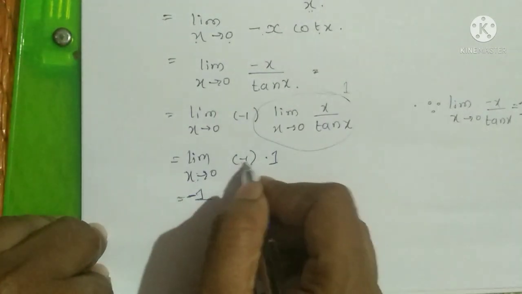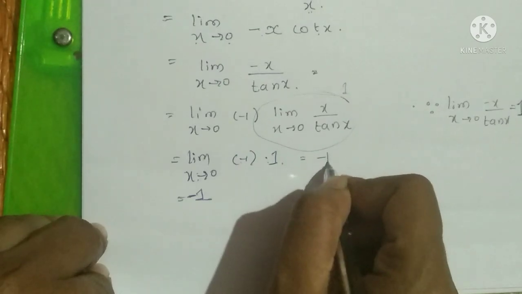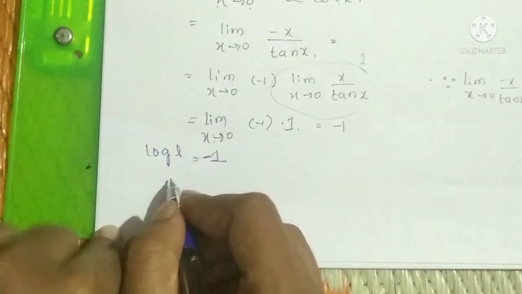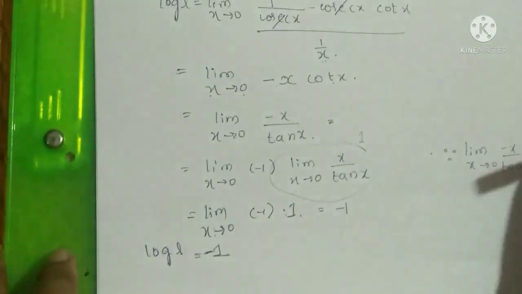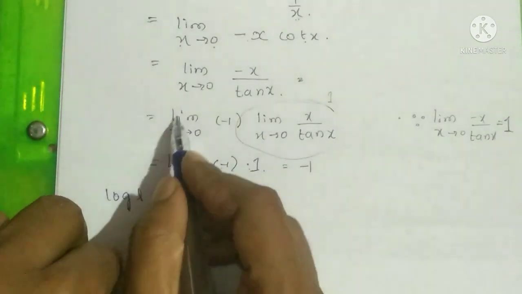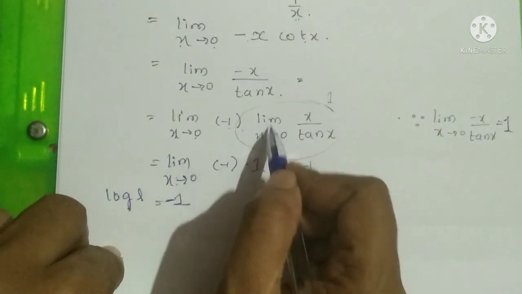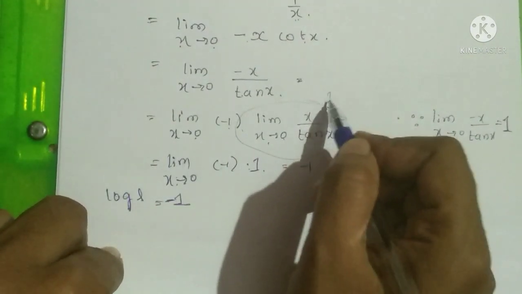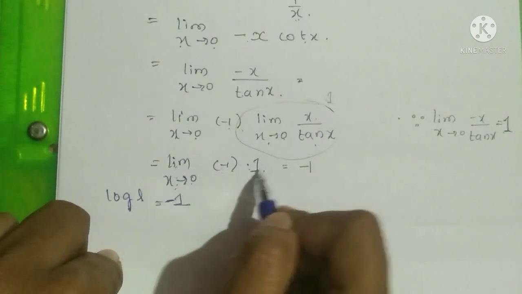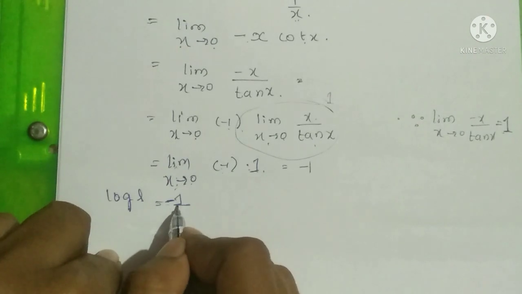So log L equals limit x tends to 0 of minus 1, where x divided by tan x can be written as 1. So minus 1 into 1 is minus 1. So your answer is minus 1.